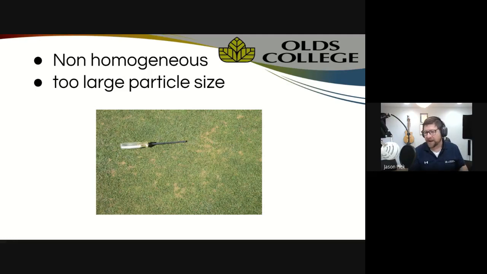So that's what's happening in terms of fertilizer burn. It's the high salt index trying to equalize itself moisture-wise with the very low salt index of your leaf blade. As soon as you have too much salt going into that plant, it dies. We call it fertilizer burn, but it's really salt burn.